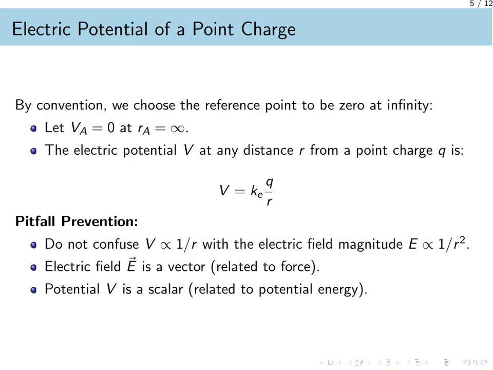Be careful not to confuse this with the electric field magnitude. The electric potential is proportional to 1 over the distance r, whereas the electric field magnitude is proportional to 1 over r squared. Remember that the electric field is a vector related to force, while the electric potential is a scalar quantity related to potential energy.